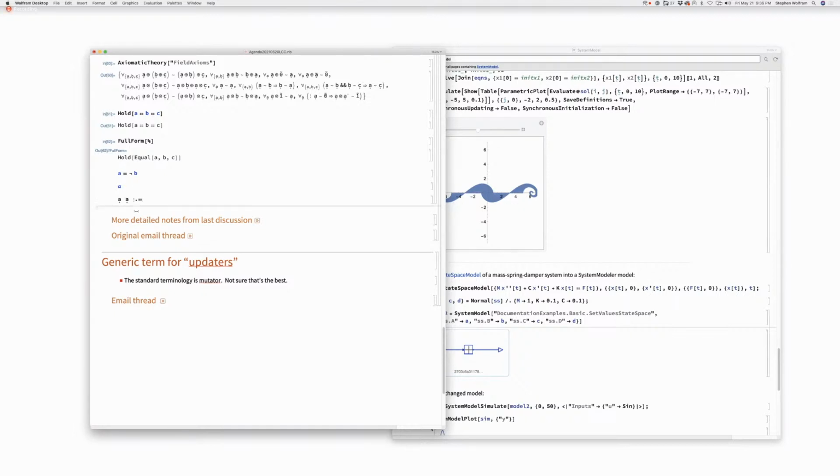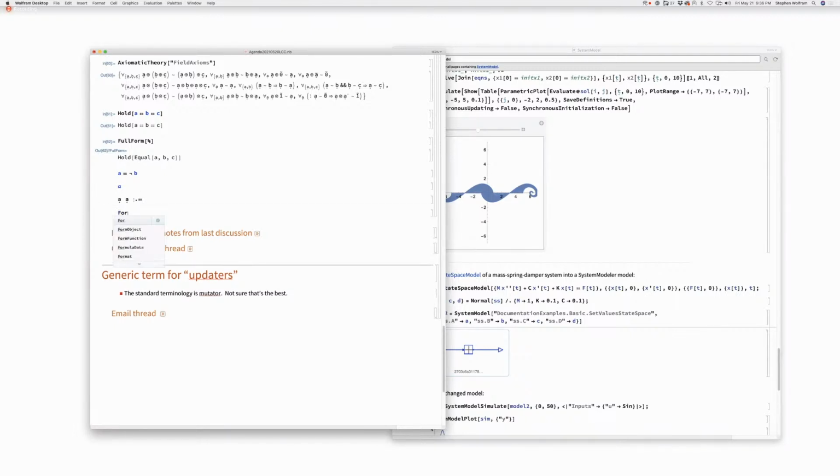We could certainly have a utility function, oh yeah, this is an interesting idea. Call it to formal expression. So I type in here A plus B equals C, but this says to formal expression.